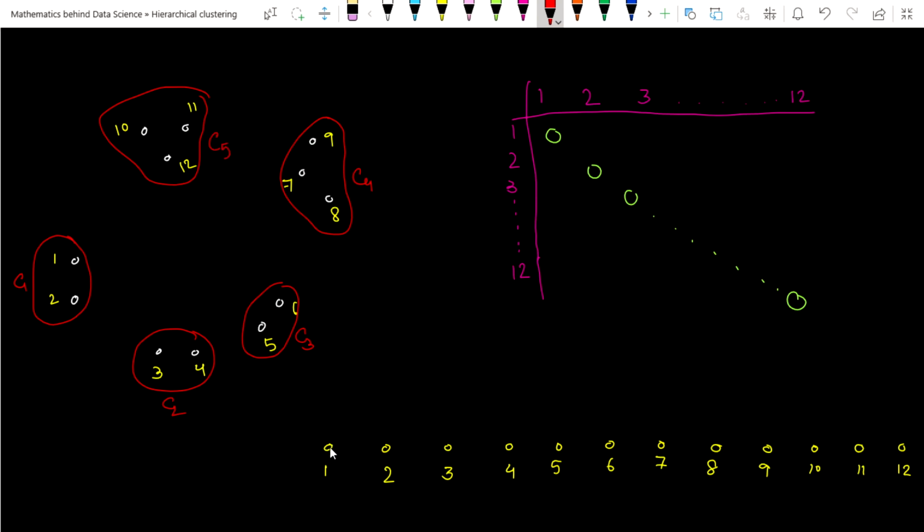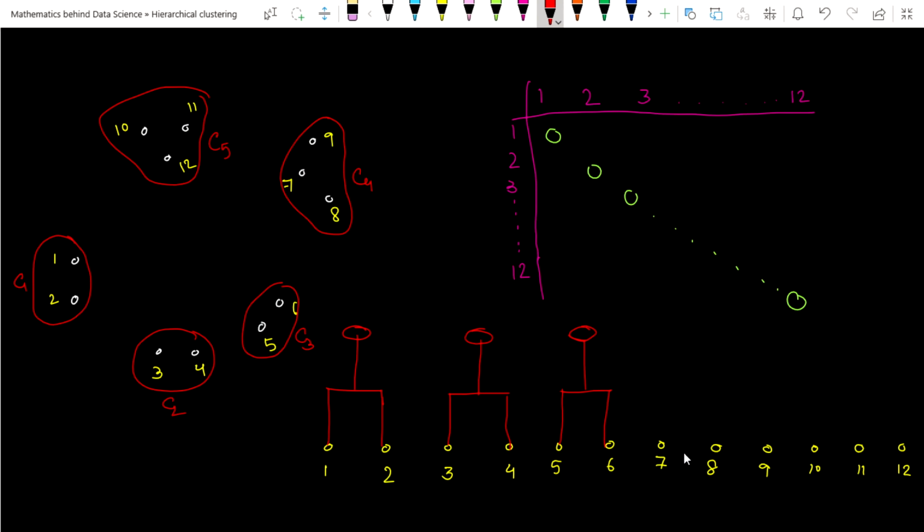But using these two points, we will make a single cluster. Using 3 and 4, I am drawing the dendrogram, will make a single cluster here. 5, 6, we will make a cluster here. I am drawing the dendrogram picture for your better understanding.